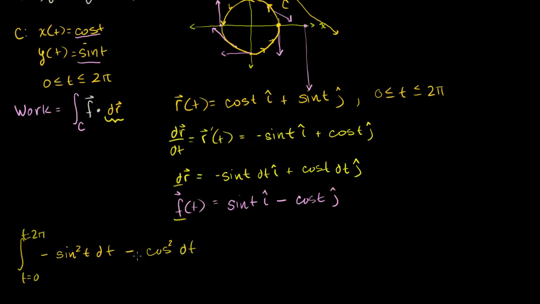And if we factor out a minus sign and a dt, this is going to be equal to the integral from 0 to 2 pi of sine squared of t plus cosine squared of t.